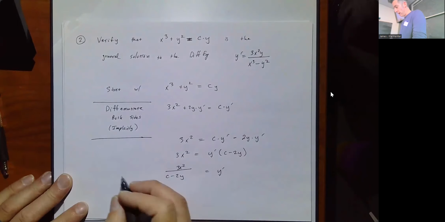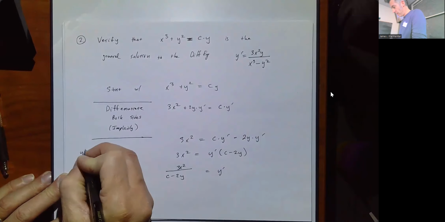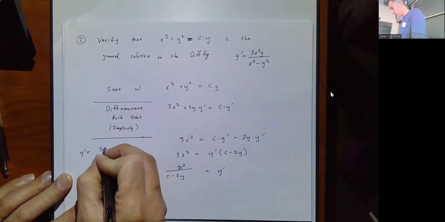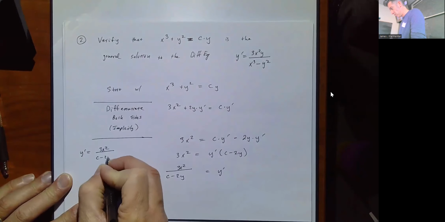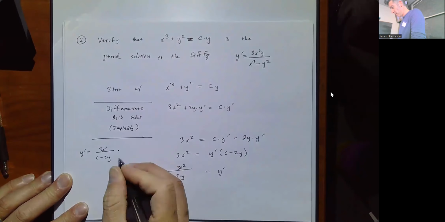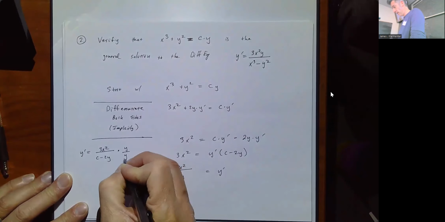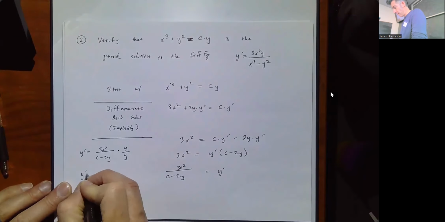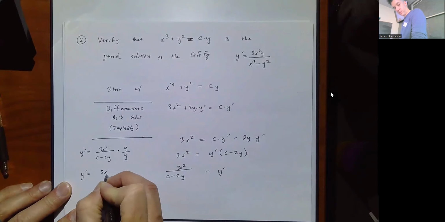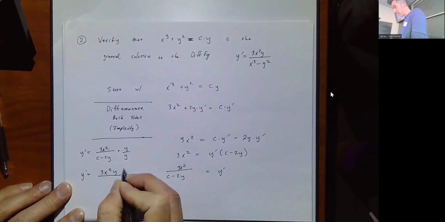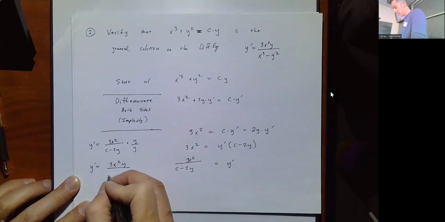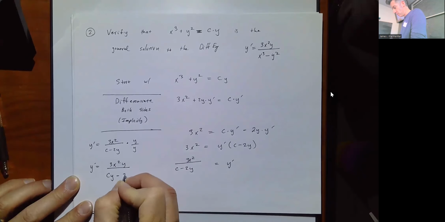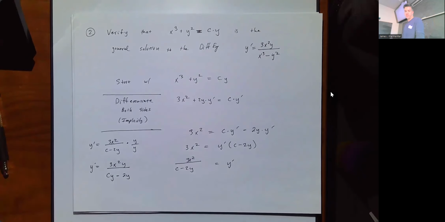So I'm going to take my y prime equal to 3x squared over c minus 2y and multiply the top and bottom by y. On top, I'm going to have now what I want, 3x squared times y. And if I distribute the y on the bottom, I'm going to have cy minus 2y.